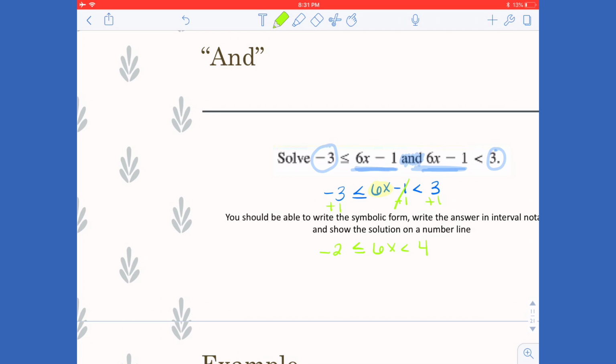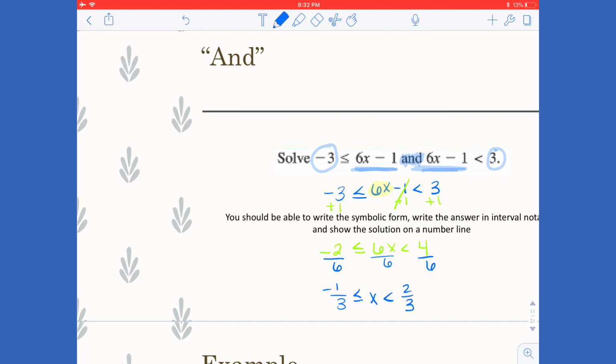And again, I'm trying to solve for x, so I am going to divide by 6. But if I divide by 6 in the middle, that means I need to divide by 6 on the right as well as the left. So I'm going to divide every term by 6. -2 divided by 6 gets me -1/3, which is less than or equal to x, which is less than 2/3.